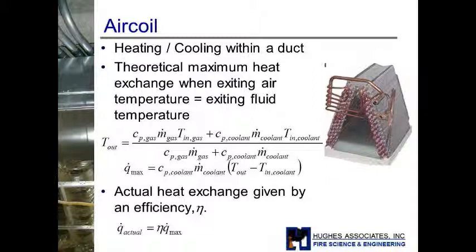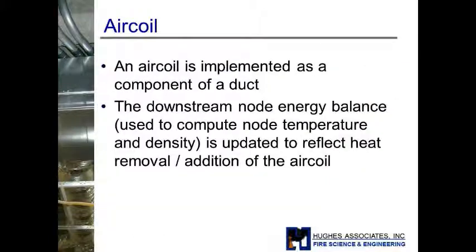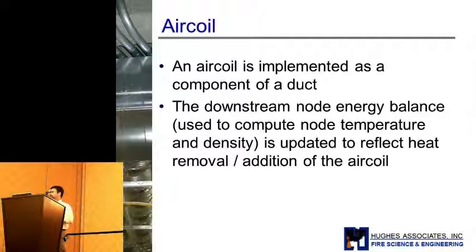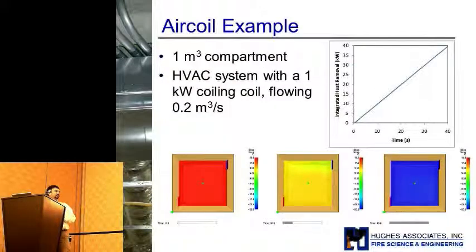And then again, we apply this air coil as a component of a duct. When we do the downstream enthalpy balance, rather than just having rho U area H for enthalpy, we then subtract out or add, depending whether it's heating or cooling, the energy of the air coil to the solution before we do the node balance. In this case, we have a simple example.